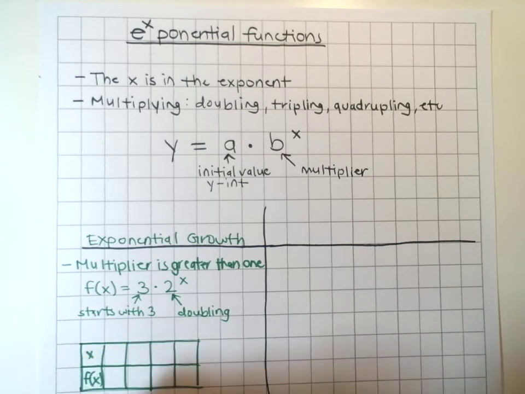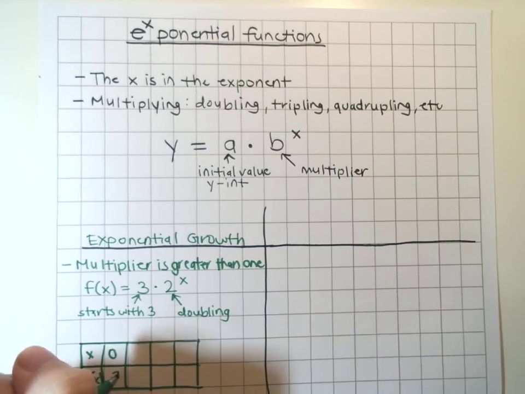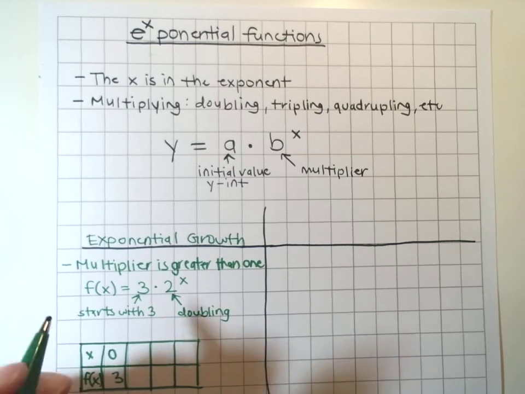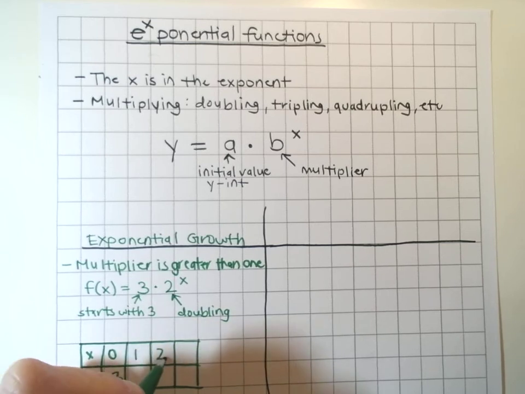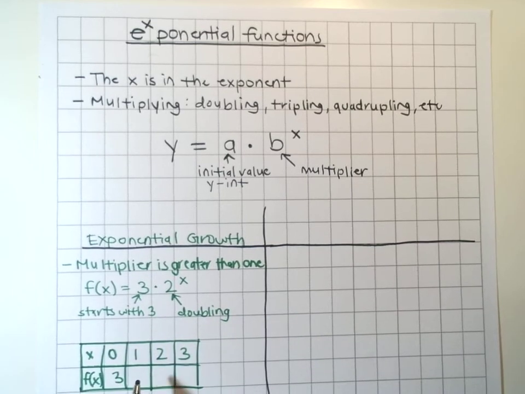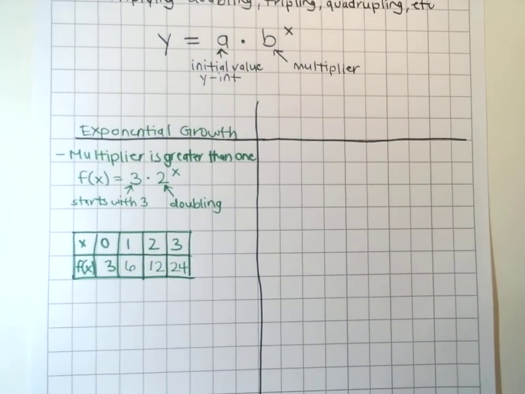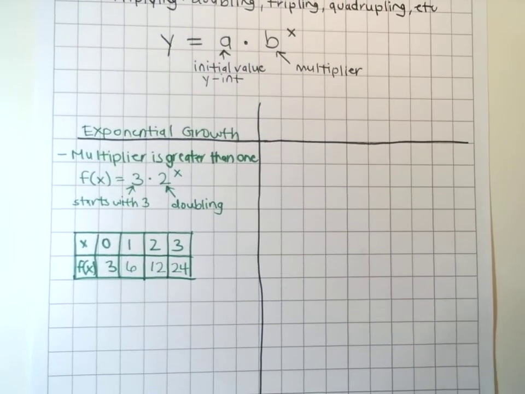So we could pretend it's money, and they're starting off with $3, and then each day they double their money. So if we start with 3 and we double it, we're multiplying by 2 each time. So 3 times 2 would be 6, and then we double $6, and that turns into $12, and we double $12, and that turns into $24. So already on day 3, you would have $24 when you are doubling.